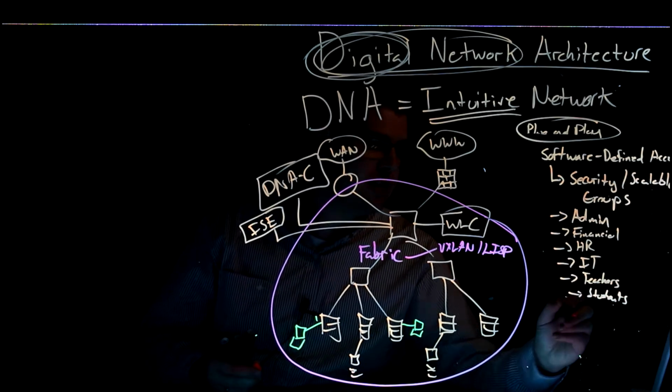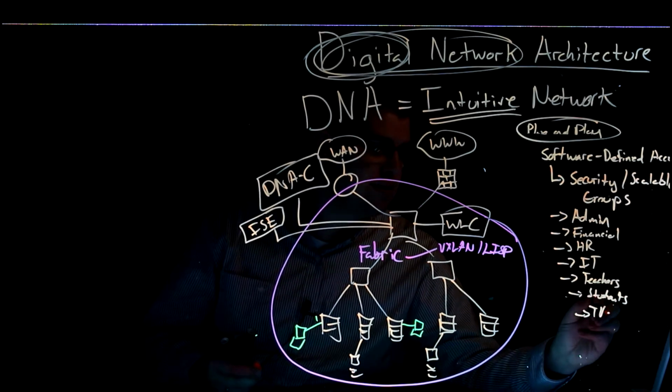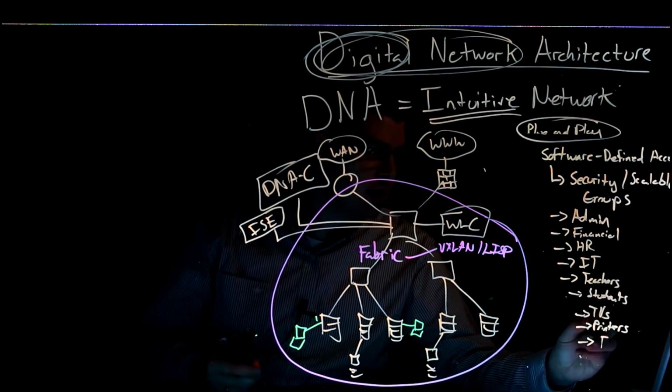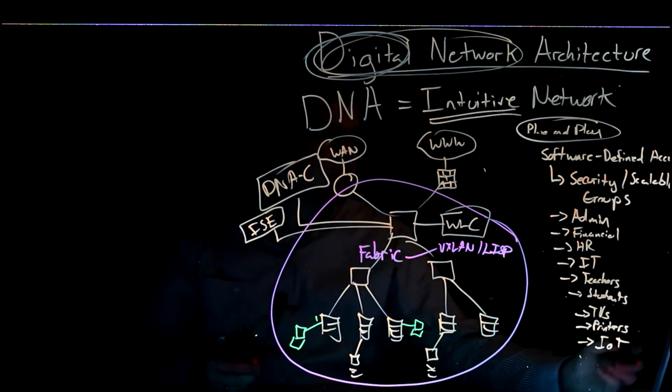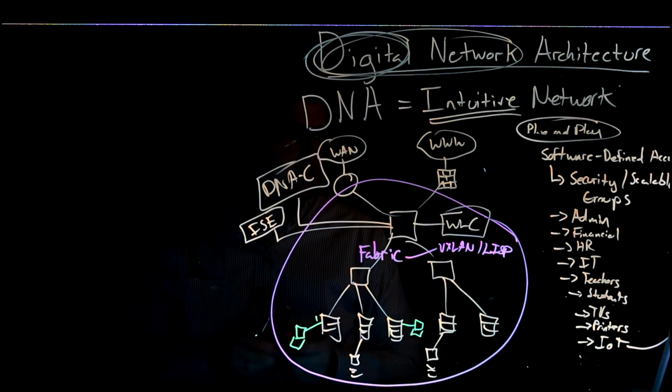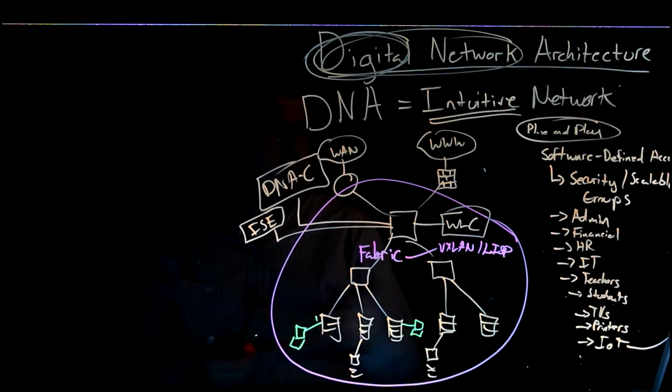I've got more devices. I've got TVs. I've got printers. And the sky's the limit on any more IoT devices that come into my network. So I can build policies.